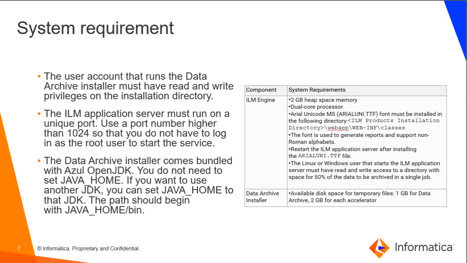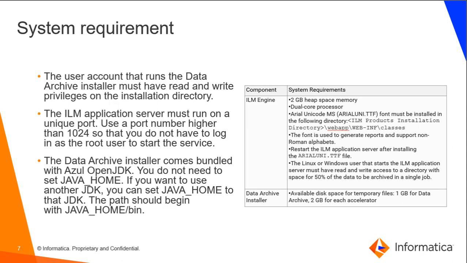When it comes to the system requirement, we need to have at least 2 GB which will be used as the heap space memory for the ILM process. Since ILM is a Java based application, the Java heap space will be the one mentioned there as 2 GB. This 2 GB is the default.